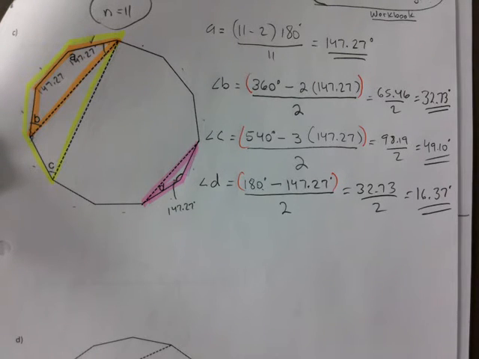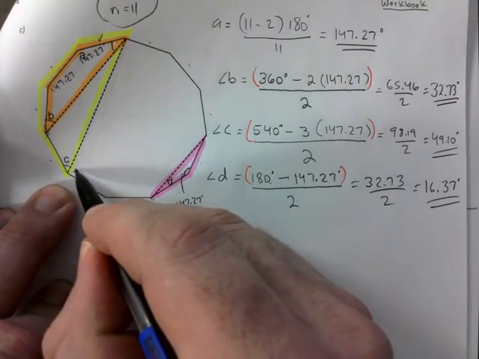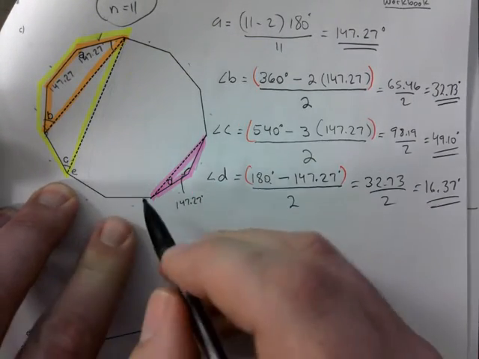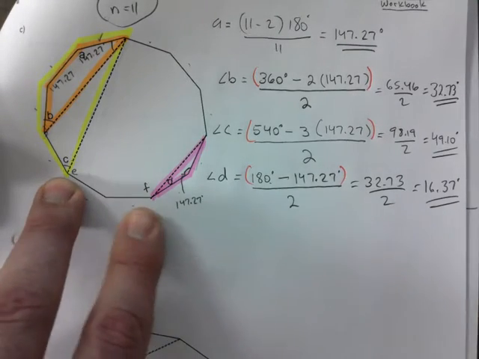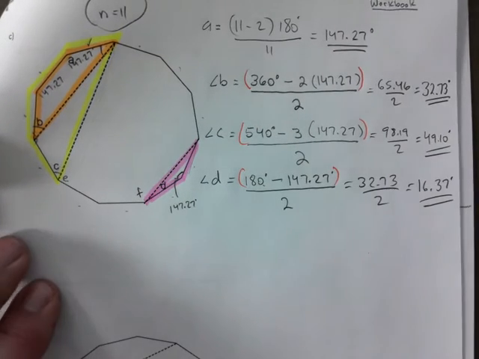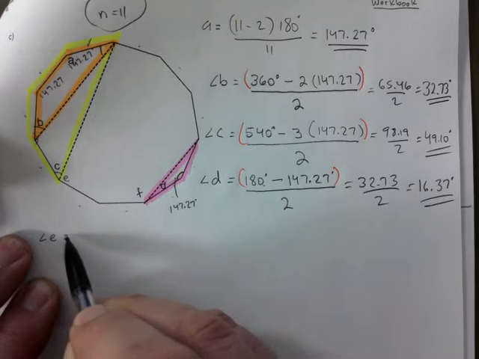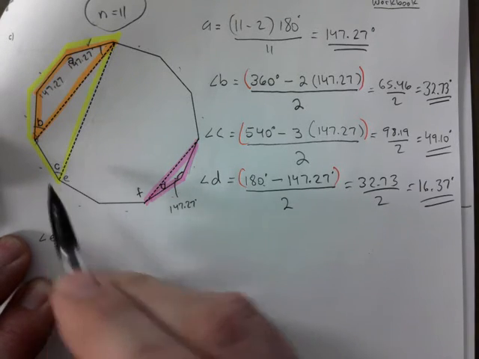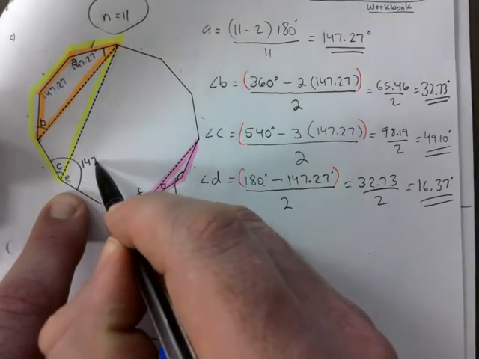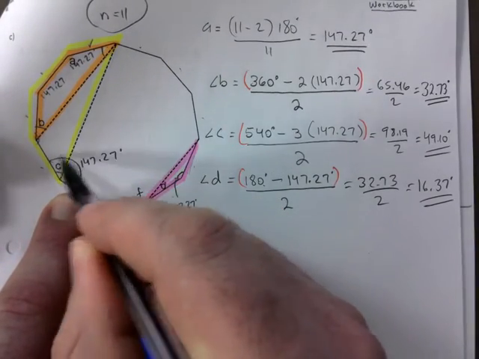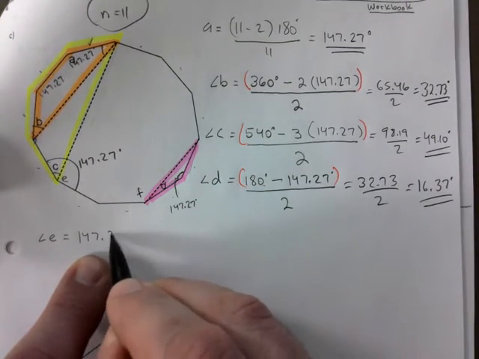Let's add something to this. What if I had asked you to find E? What if I had asked you to find F right there? Those two. If you try to find angle E, for instance, you know the one beside it, and this whole thing here is 147.27, which we have already determined.